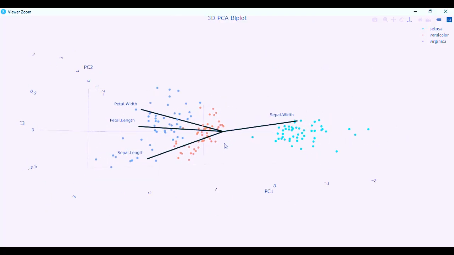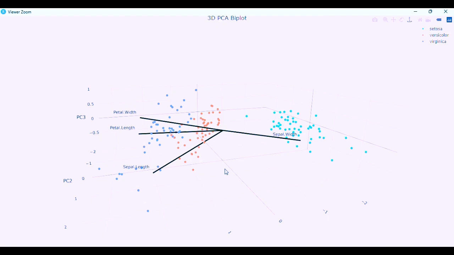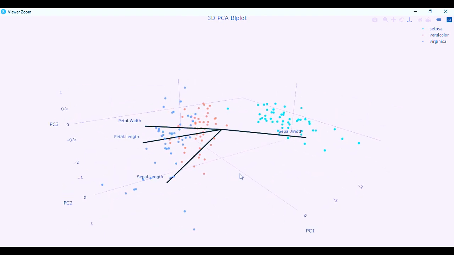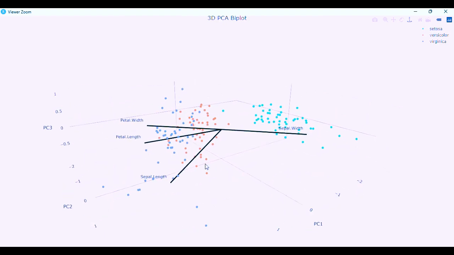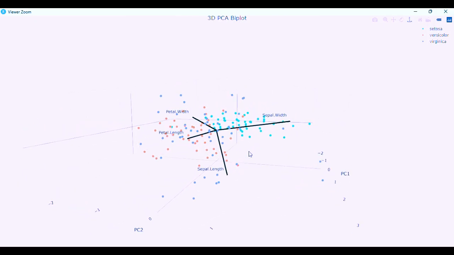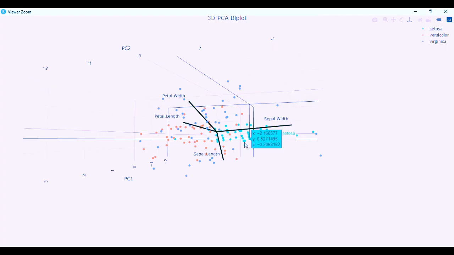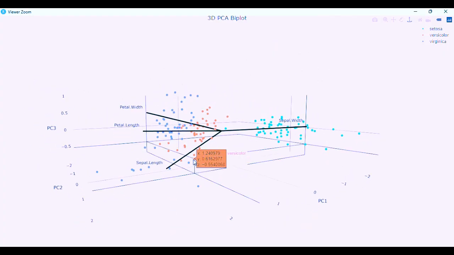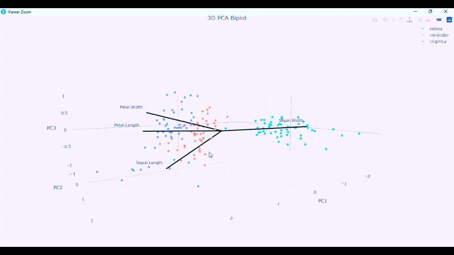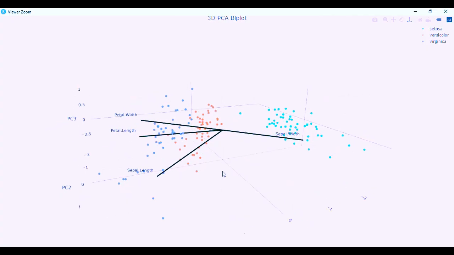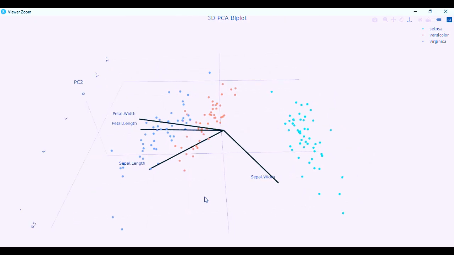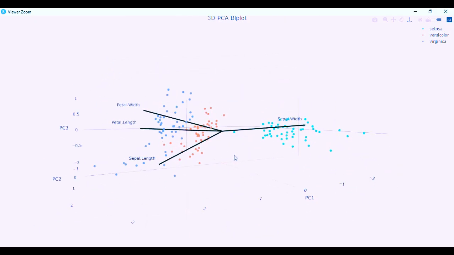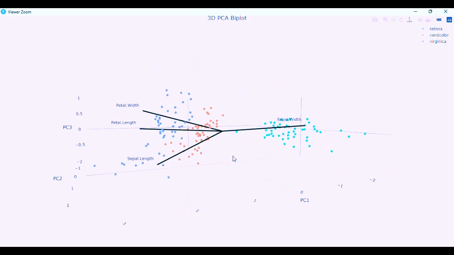By applying the Kaiser rule and interpreting coordinates, cosine squared, and contributions, we can confidently explain all the information, in either 2D or 3D. It's very useful and gives publication quality figures.